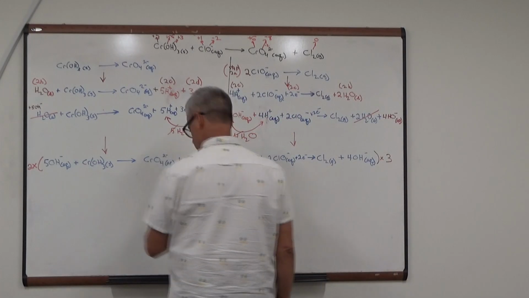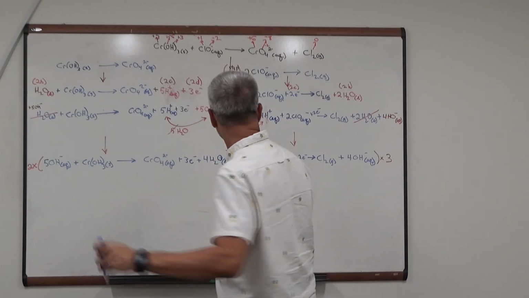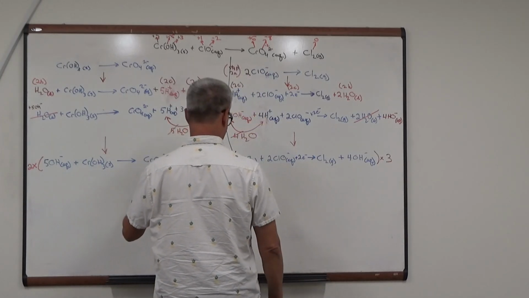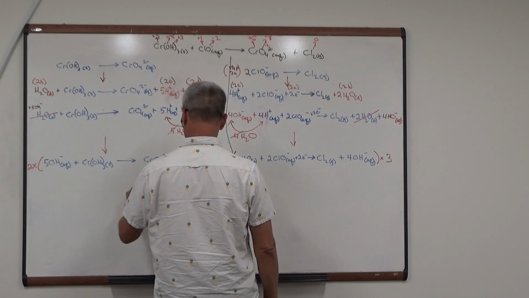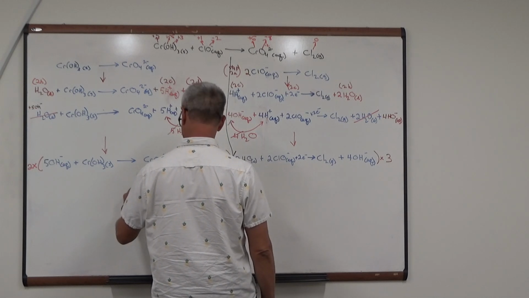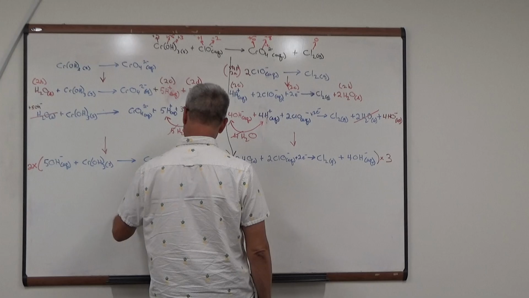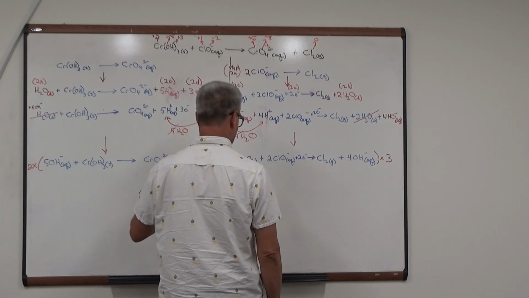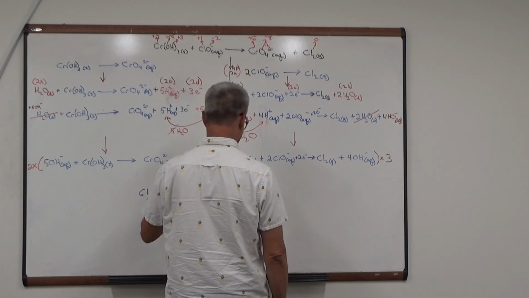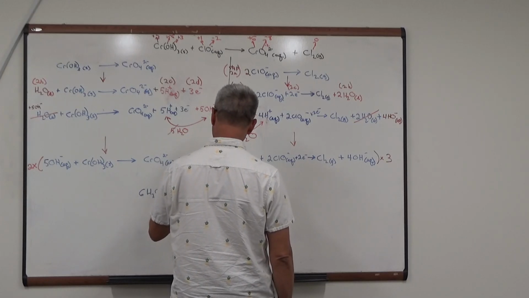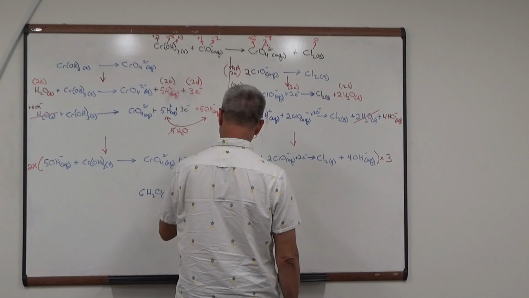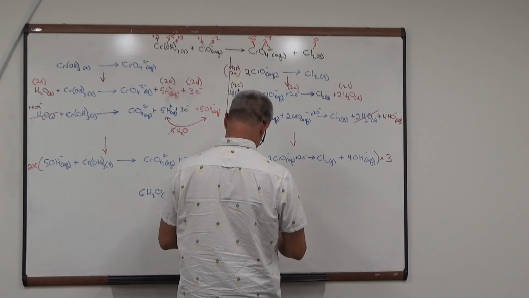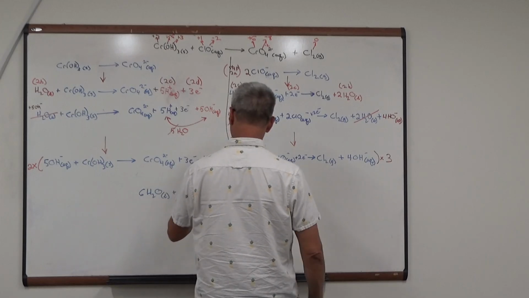Okay? So what this guy is now going to look like is, it's going to look like 6H2O liquid plus 6 hypochlorites. May I just double check? Yep.